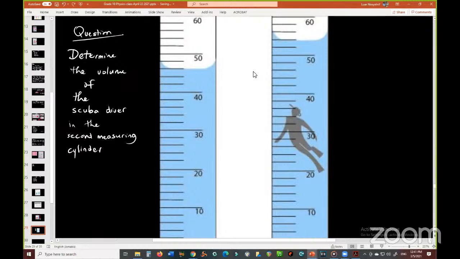Sir, 40.6. Which means you're still not reading the scale properly, because between 40 here, this has to be 42, this has to be 44, this has to be 46, this is 48. So people are not focusing there. You can't have 40.2 here, and up here it's 50.